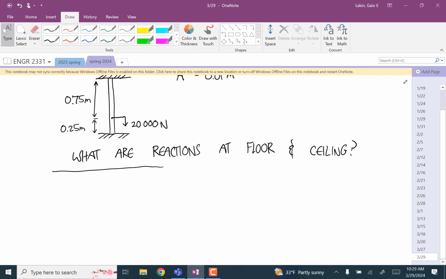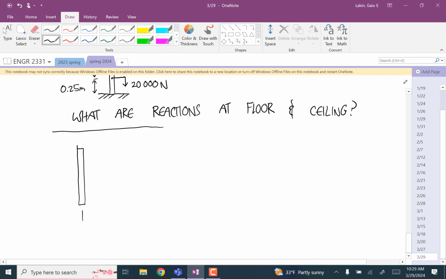Okay, so first I'm going to do the statics. We have a reaction force here, I'll call that RA, and a reaction force here, I'll call RB. Notice I'm not trying to guess what the directions of those forces are. I'm just putting them in the coordinate system axis directions. The signs will come out on their own. And then down here, we have the 20,000 Newton force.